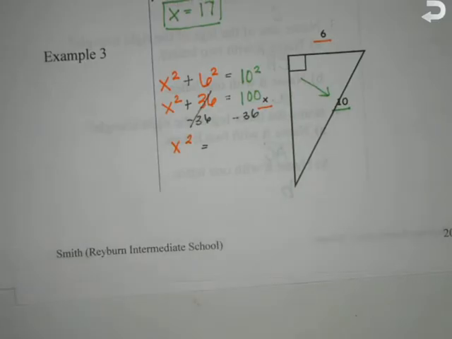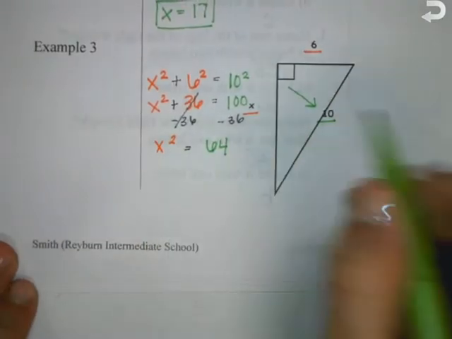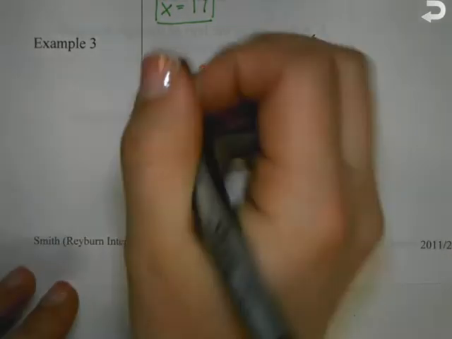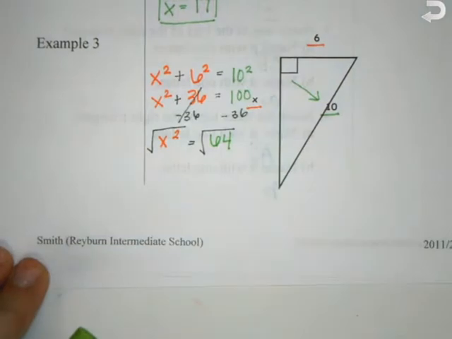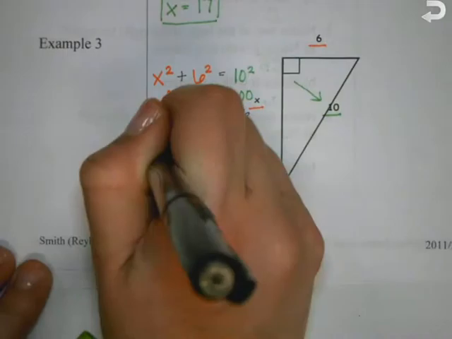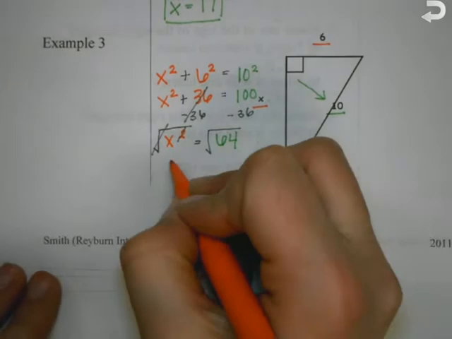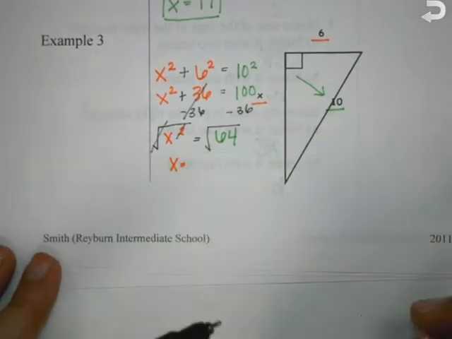Okay, so I'm done, right? Nope. No, what do I have to do? Take the square root. Square root and the squared term cancel each other out. So we are left with x equals, what is the square root of 64? 8. Good job. 8 times 8 gives me 64. So the missing leg is 8.